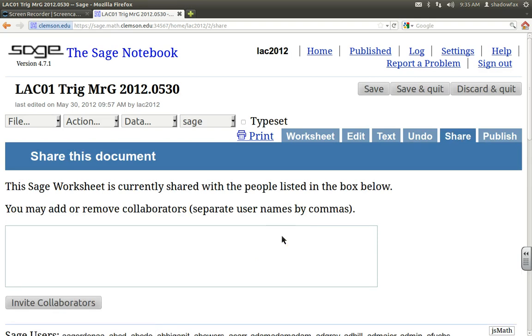My login name for this particular project is LAC 2012, Life After Calculus 2012. So type LAC 2012 right there. That looks good. Type that in and click Invite Collaborators.